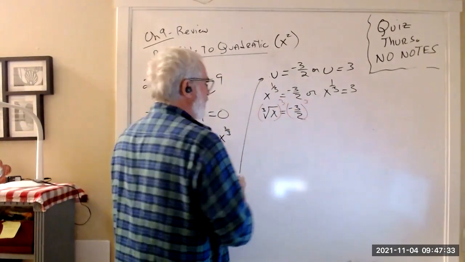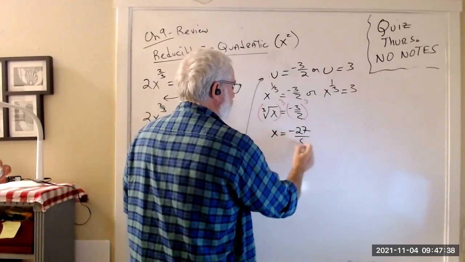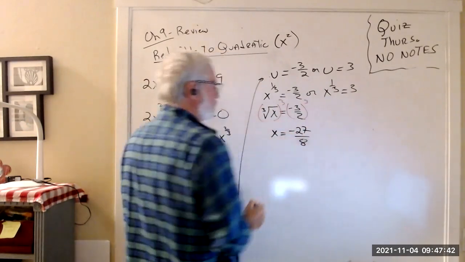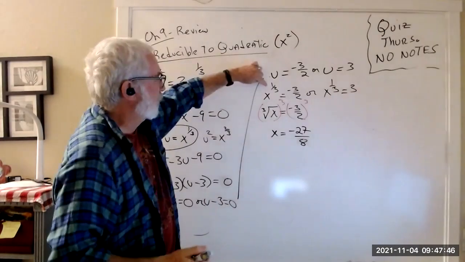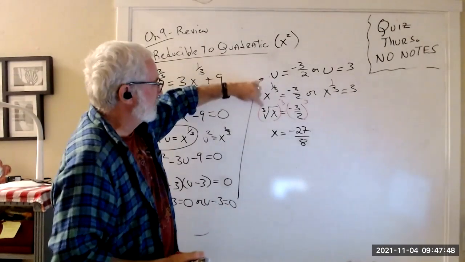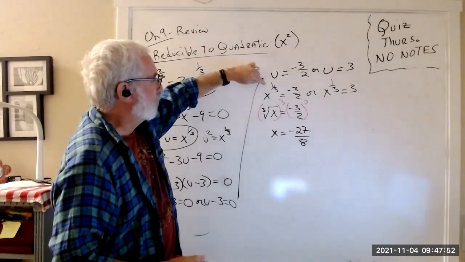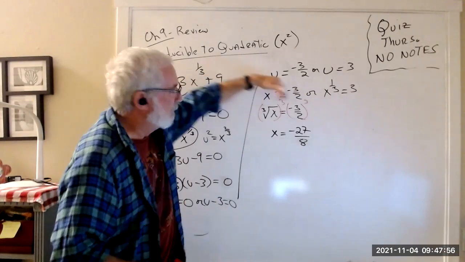And that gives us x equals, this will be negative 27 over 8. That's one way of doing it. It's recognize that the 1/3 power is the same as the cube root, and so transfer it into a root of some form and then cube power it.